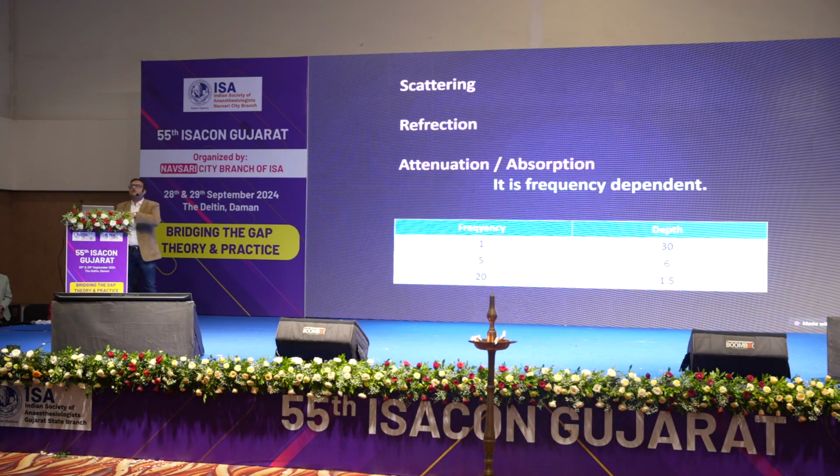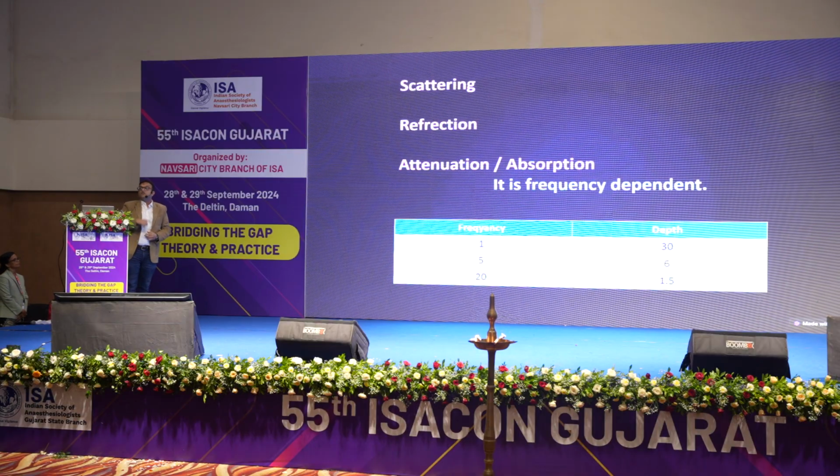Then there is scattering. In an irregular surface, the waves just disappear into the surroundings and you will not find anything. Then refraction: when passing from one medium to another medium, the wave will just deviate. We have to remember that. Then the other important point is attenuation, absorption. When any wave is generated, because of resistance, some power of the wave is going to be absorbed and the wave is going to be weaker.